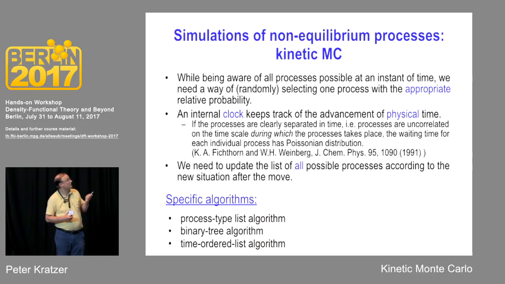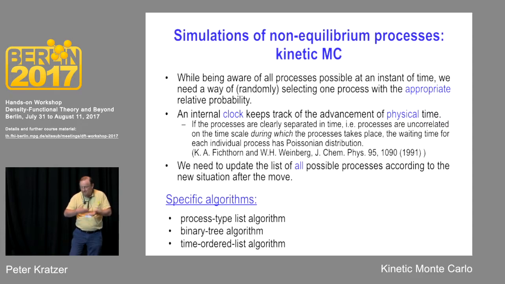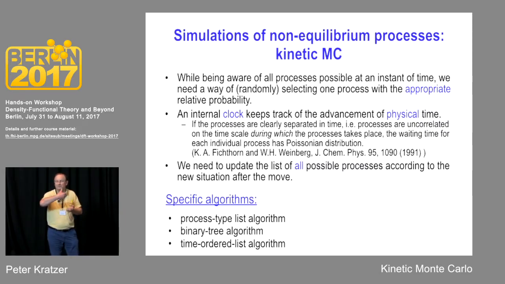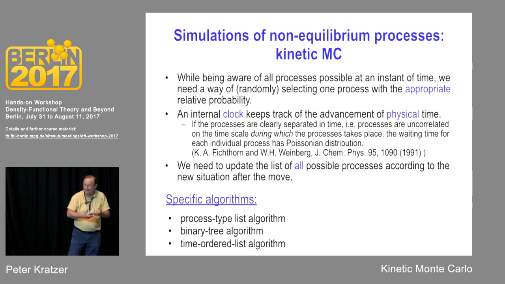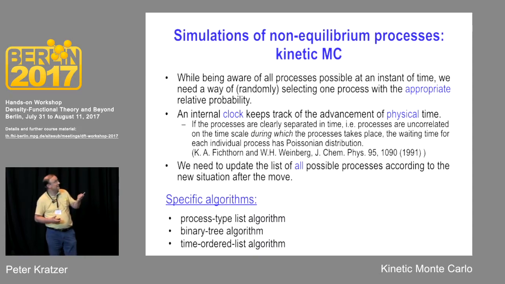So we need a clock. We need to advance the clock by physical time. Now there is a statement here when this is appropriate, and you need a separation of time scales. Individual flipping processes can be very fast, but then there is a waiting time before the next process happens. And if this is clearly separated, the process itself and the waiting time, then you can say the waiting times have a Poissonian distribution.